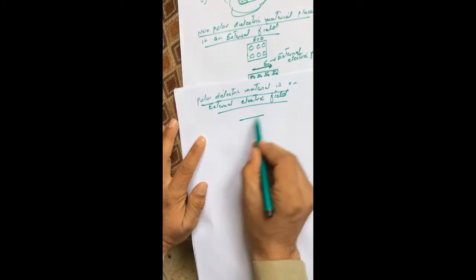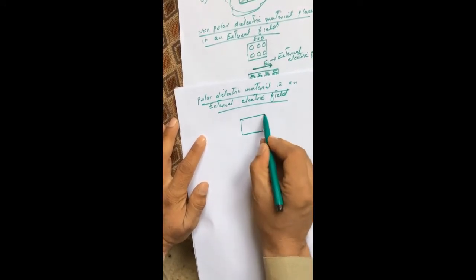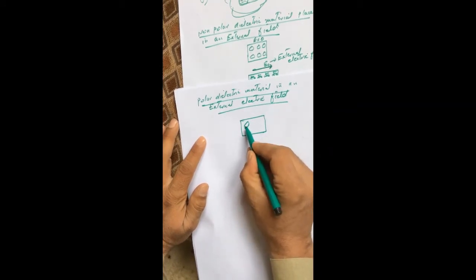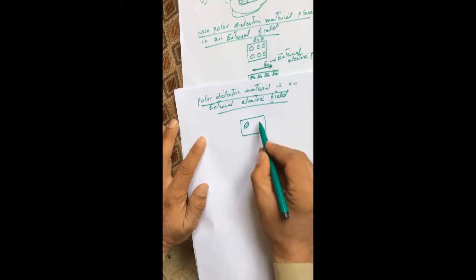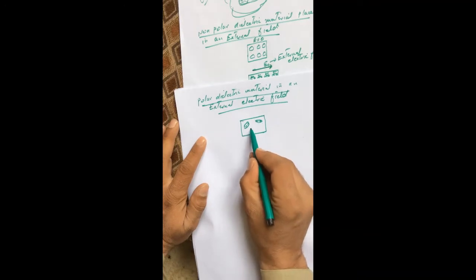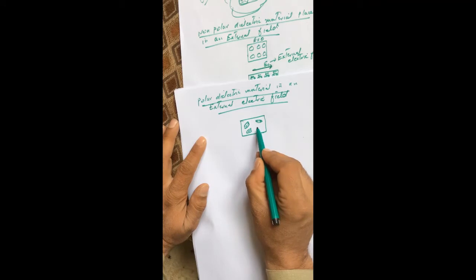Like we have, I consider only 3 or 4 atoms. Let's suppose this is negative, this is positive. Let's suppose this is negative, this is positive. Let's suppose this is negative, this is positive. Let's suppose this is positive, this is negative.